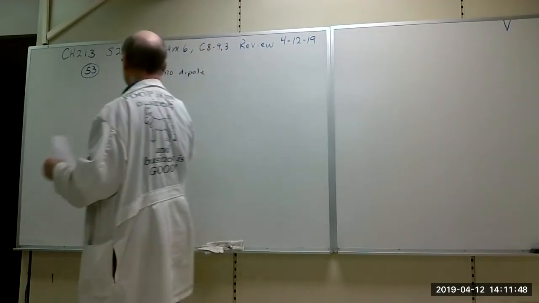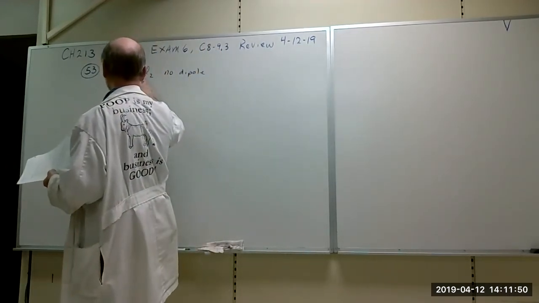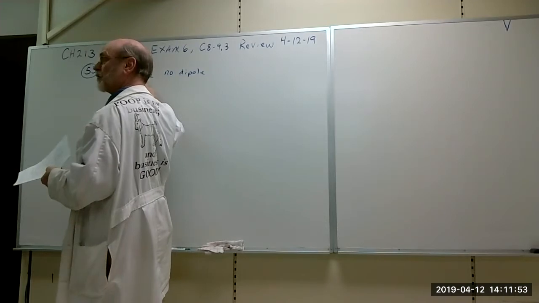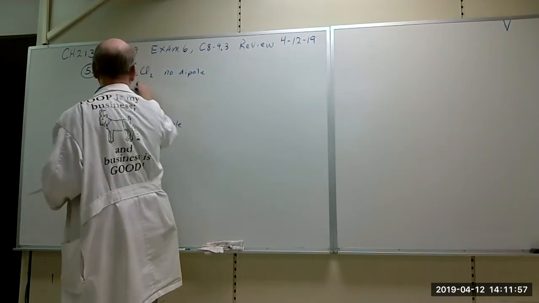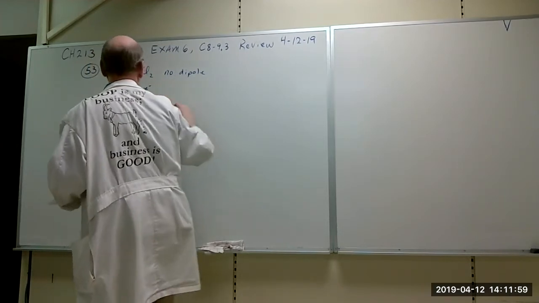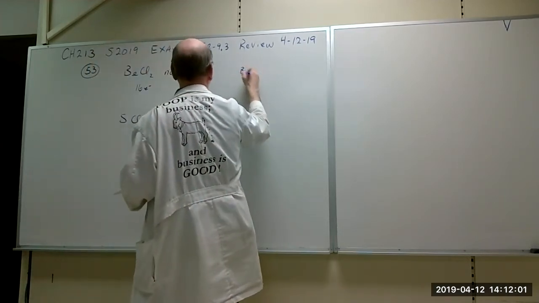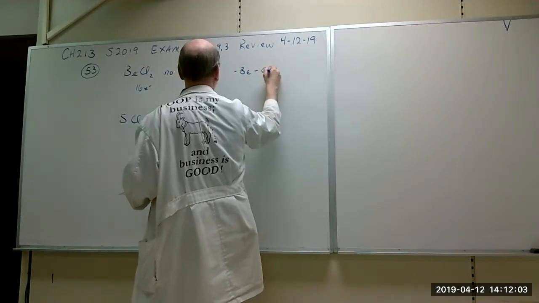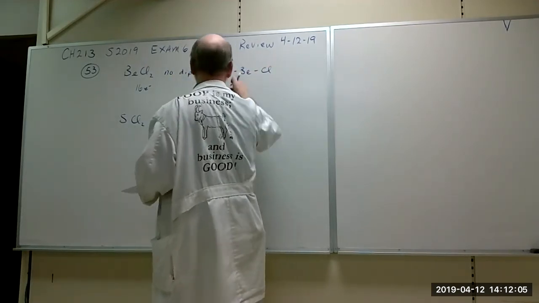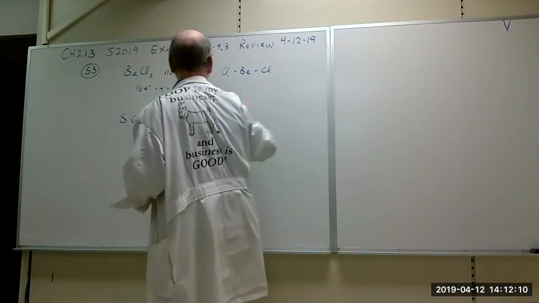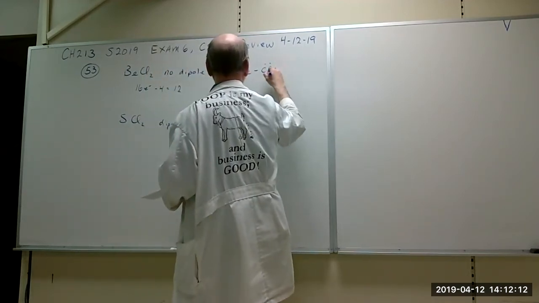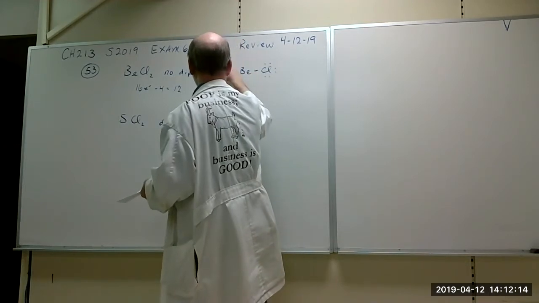Okay, Lewis dot structure. 2 times 7 is 14, and beryllium is 2. So that's 16. 16 electrons. So we have beryllium in the middle, and chlorine. That's 2, 4. So 12 electrons. 2, 4, 6, 8, 10, 12.